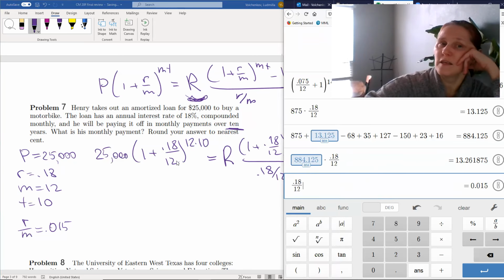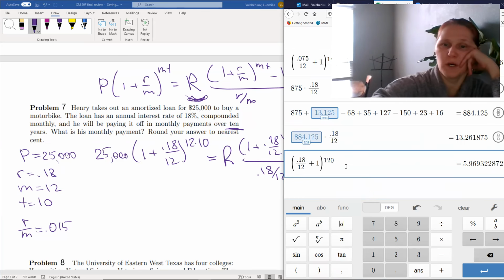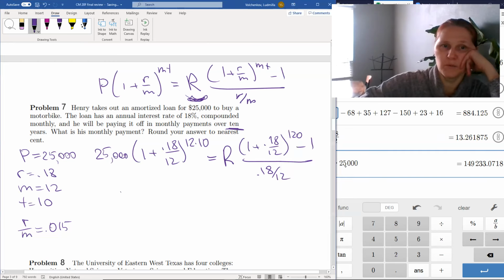Then we find this factor plus 1 raised to the power 120. We can also multiply it by 25,000 to find the left side of the equation: 149 to 33 point.